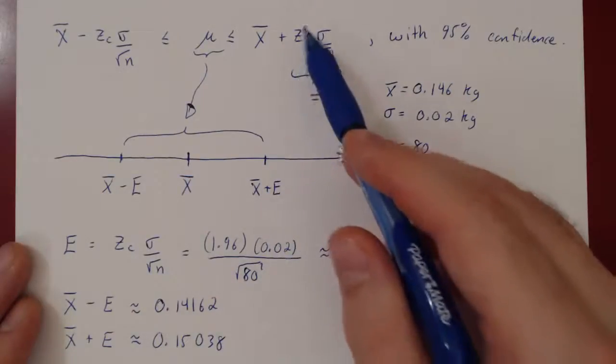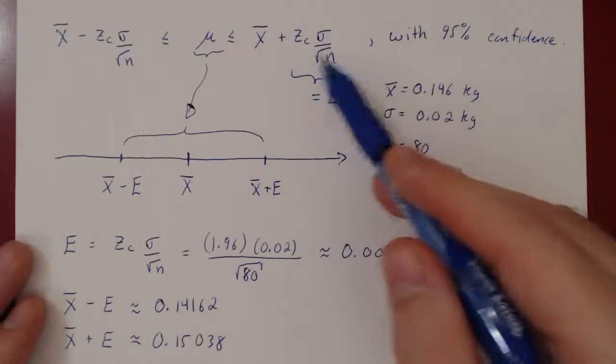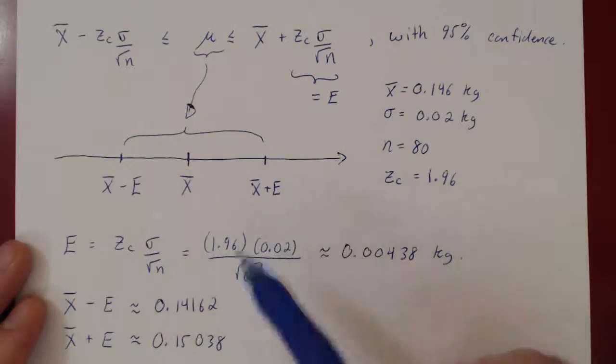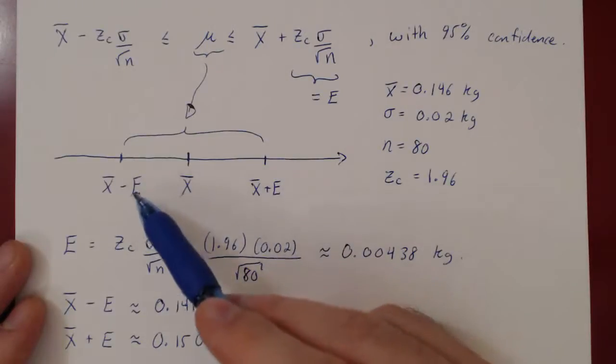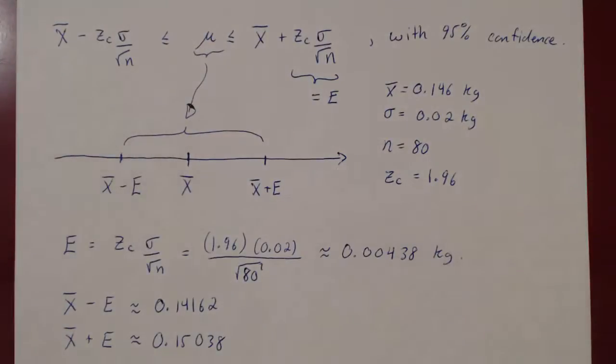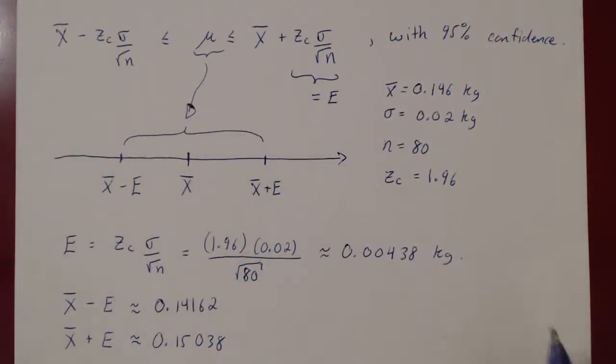The error will always be the critical z-score times the deviation over the root of n. So compute your error, add the error to the mean to get the right endpoint of your interval, subtract the error from the mean to get the left endpoint. So since we have done it in full generality, we can now use the result in every other example.